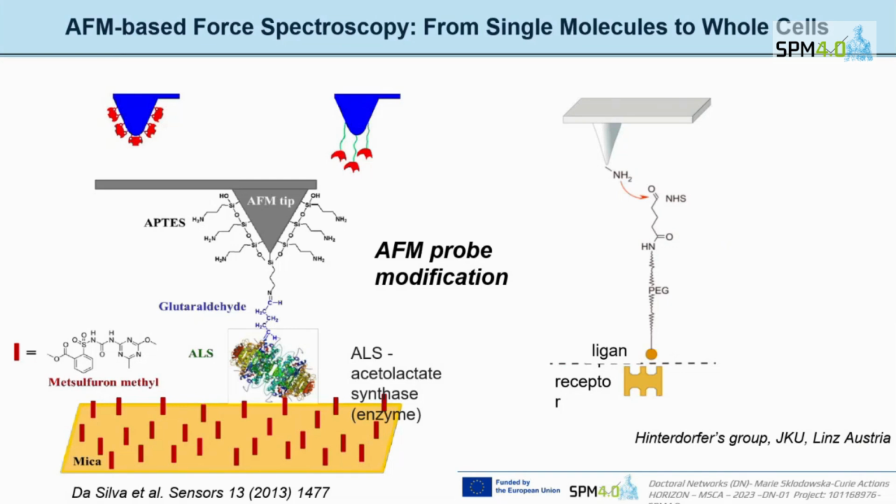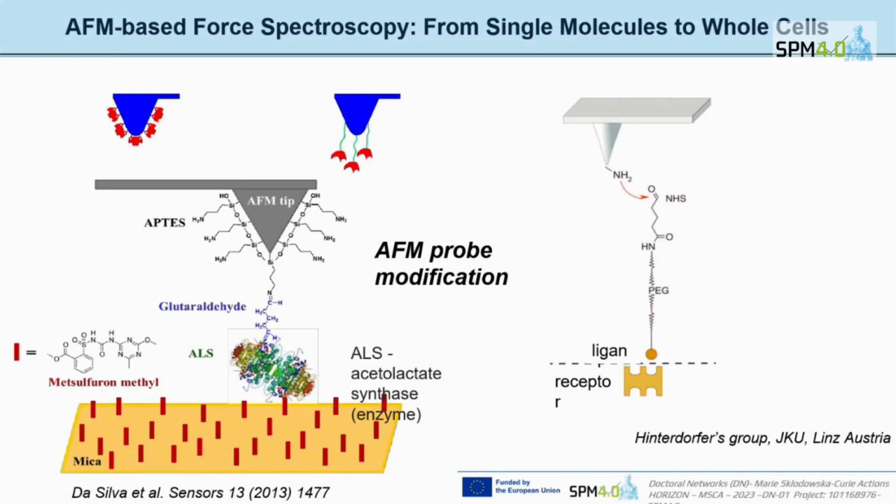This works, but it has a limitation: the connection between glutaraldehyde and the ligand is stiff. So this ligand cannot move. If the binding site is somewhere on the other side, this won't work.